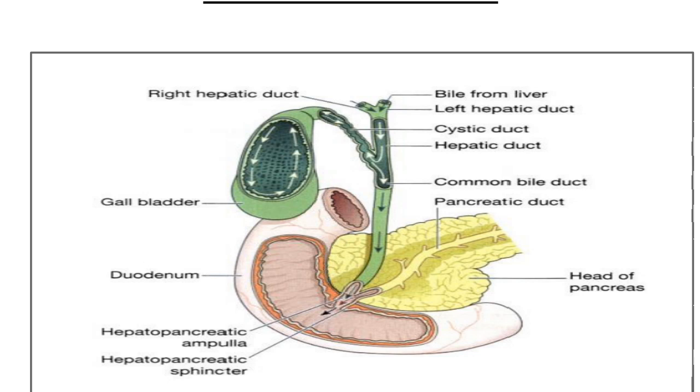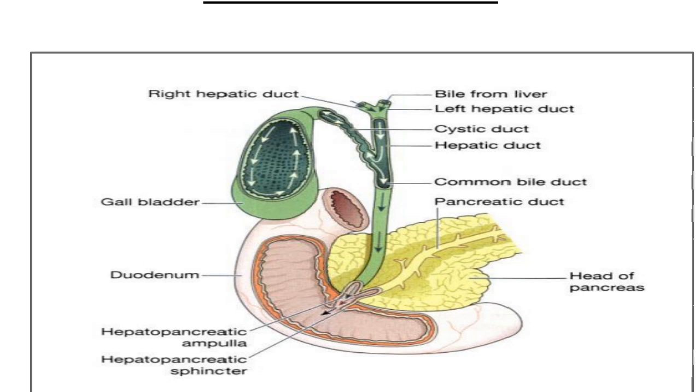From there, they come together and make a junction, which we call the hepatopancreatic ampulla. We also have the hepatopancreatic sphincters.